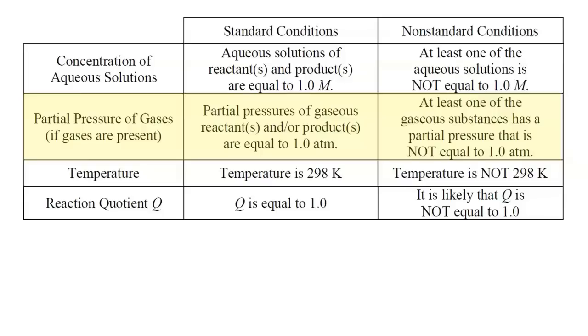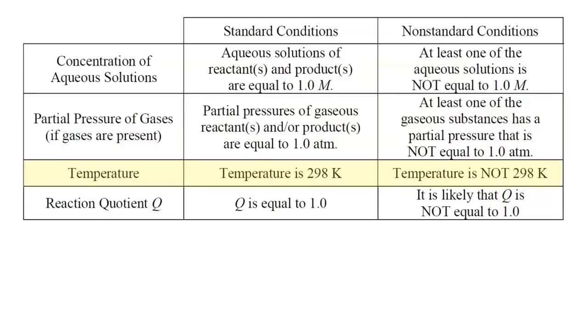But for non-standard conditions, at least one of the gaseous substances has a partial pressure that is not equal to 1 atmosphere. With respect to temperature, under standard conditions, the temperature is 298 Kelvin, but if the temperature is not 298 Kelvin, that would represent non-standard conditions.